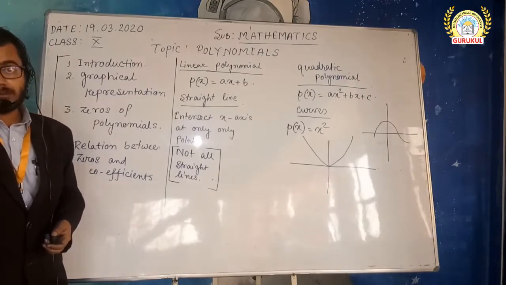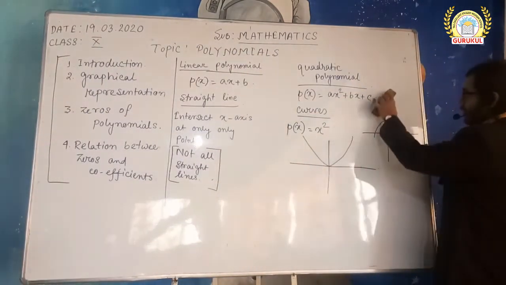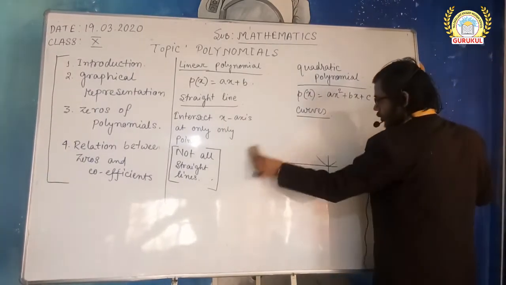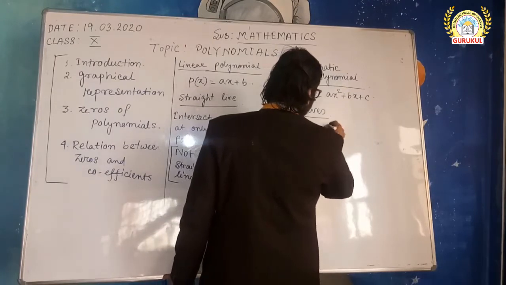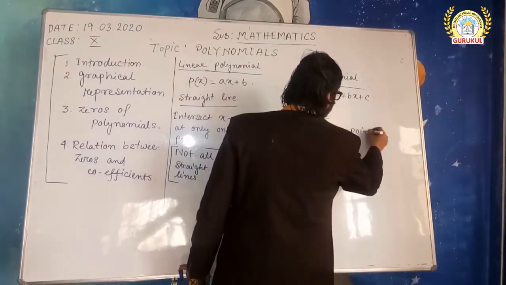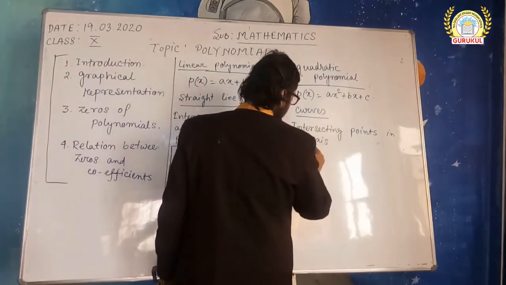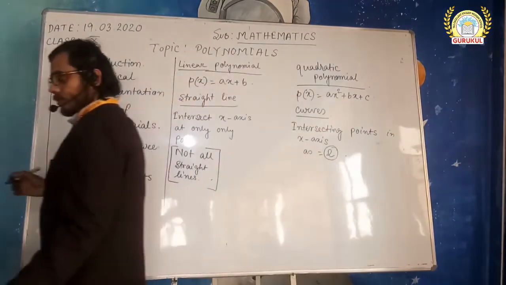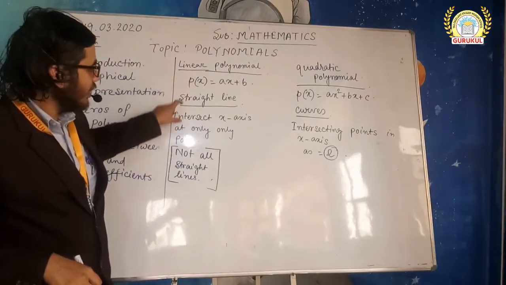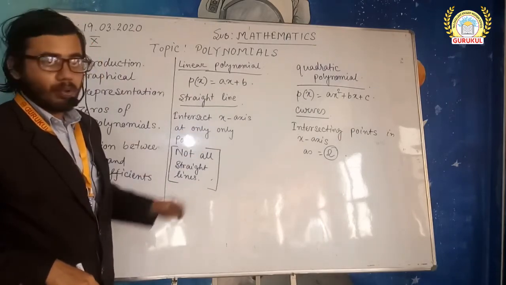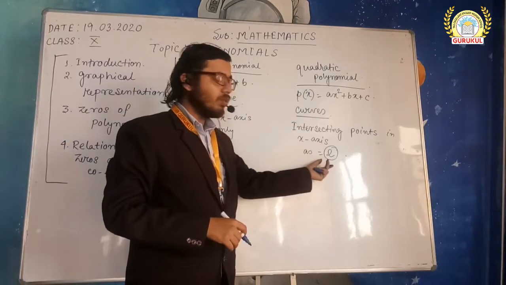Take note that a quadratic polynomial, which represents a curve, gets intersecting points on the x-axis equal to 2. So remember: a linear polynomial represents a straight line and intersects the x-axis at only one point. A quadratic polynomial represents curves, with 2 intersecting points on the x-axis.